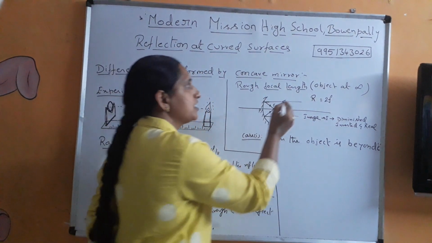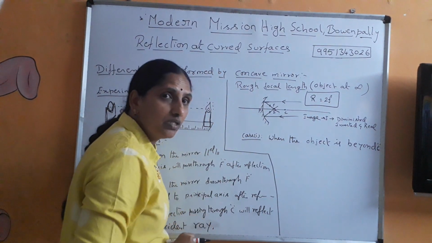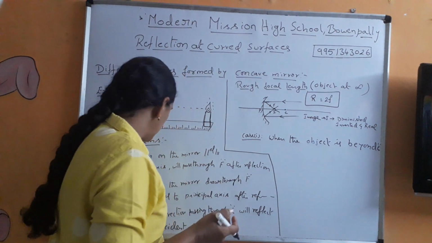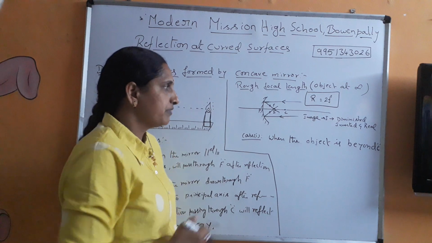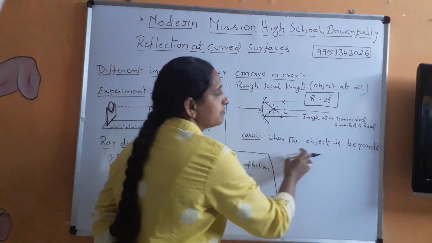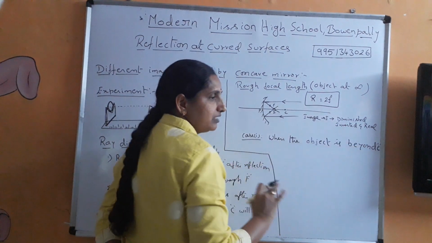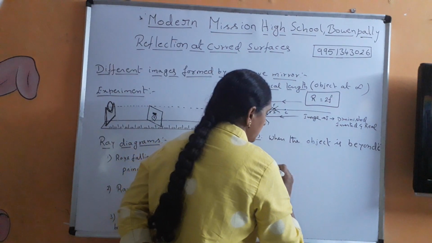So what is the relationship between the radius of curvature and the focal length? The radius of curvature is twice the focal length. Now when the object is beyond the center of curvature, this is what we are going to do. Let us see that.